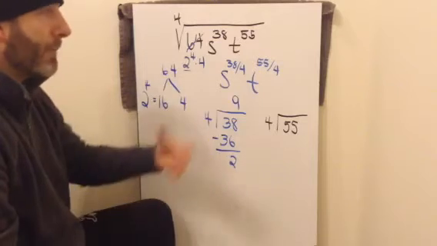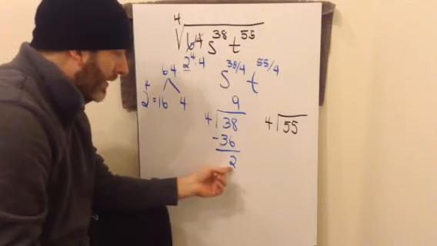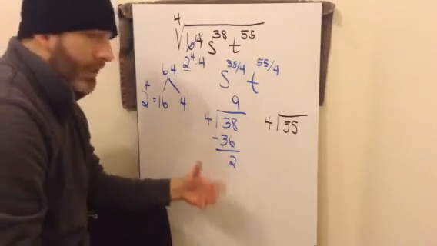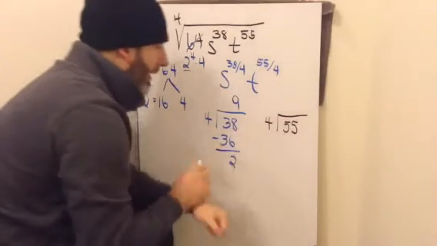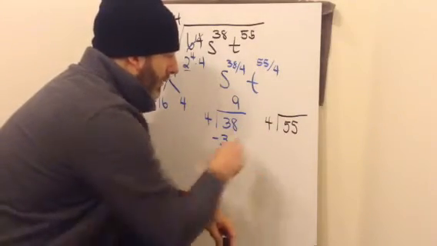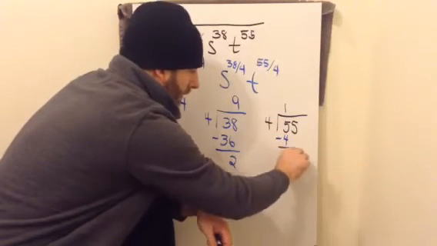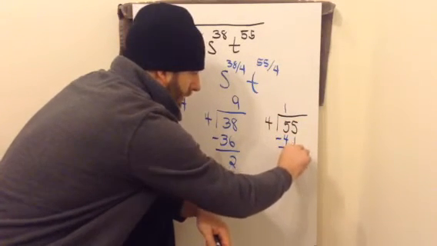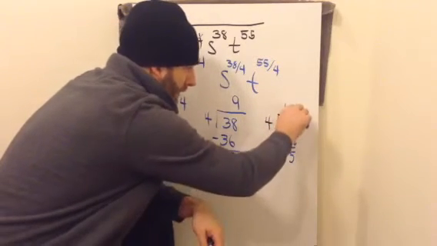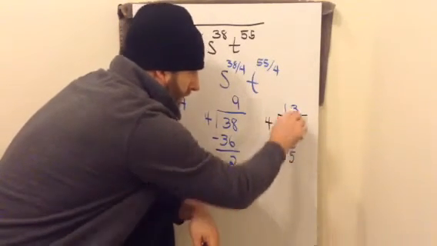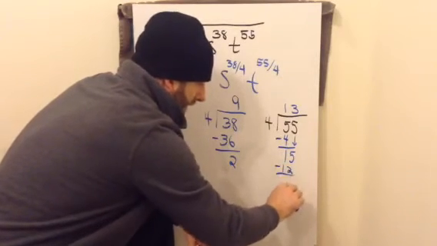Doing this division on the calculator is not going to help you, because this number is important and this number is important. Nine point whatever the decimal is won't help. Over here, continue: 55 divided by 4. 4 goes into 5 one time. Subtract 4. Drop down the 5. 4 goes into 15 three times. 3 times 4 is 12. Subtract: 15 minus 12 is 3.